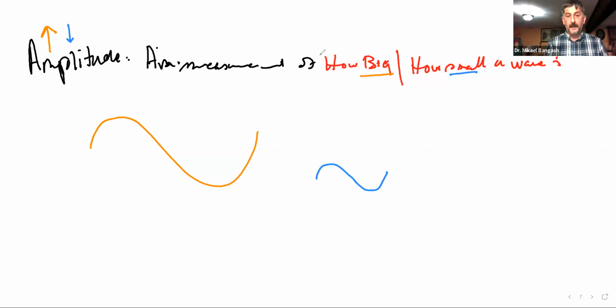But then comes the actual definition of the amplitude of, let's say, the orange wave here.